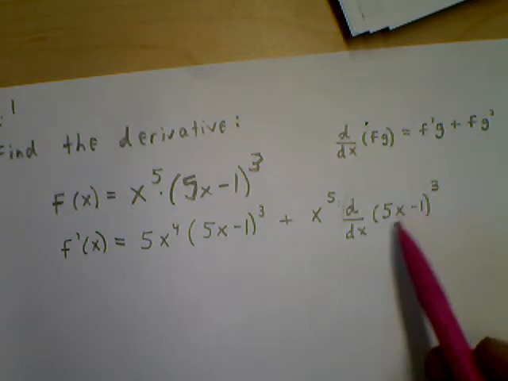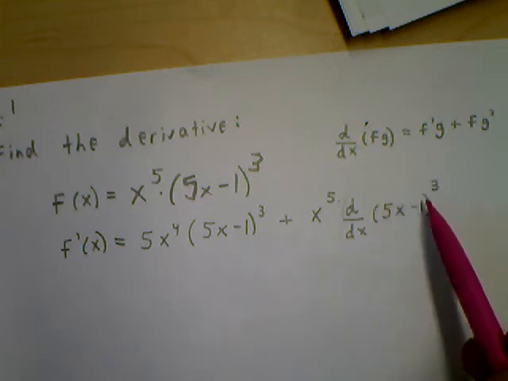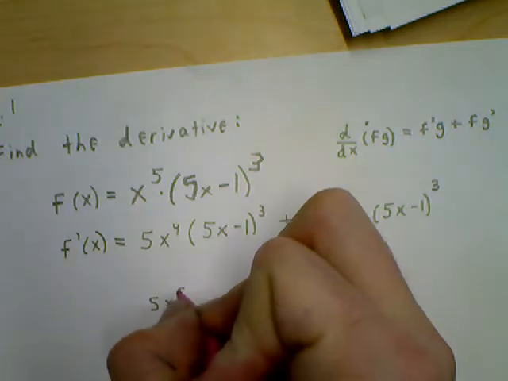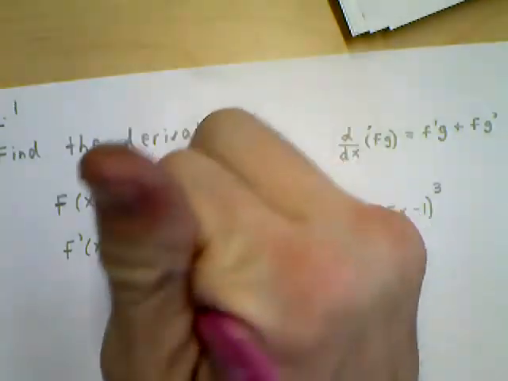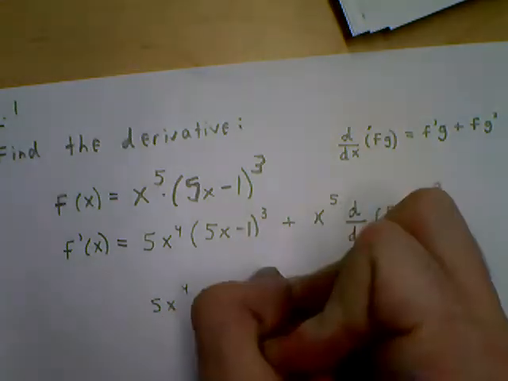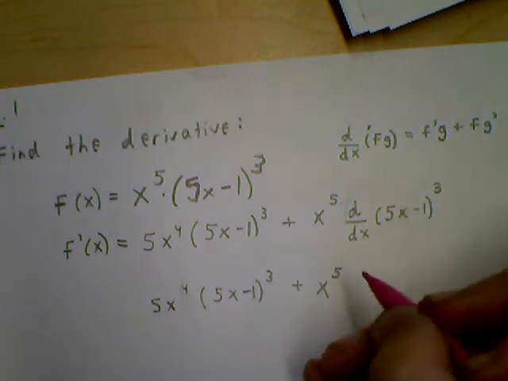I see right here when I take this derivative, I'm going to need the chain rule because my inside function is 5x minus 1. The outside is u cubed. So now, I'm left with 5x to the fourth times the quantity 5x minus 1 to the third plus x to the fifth times.